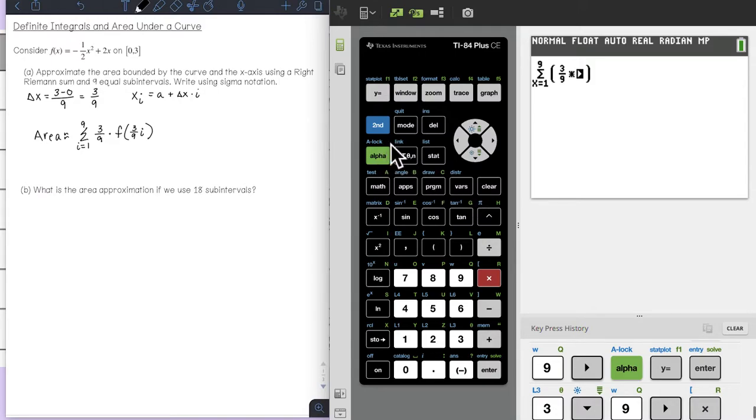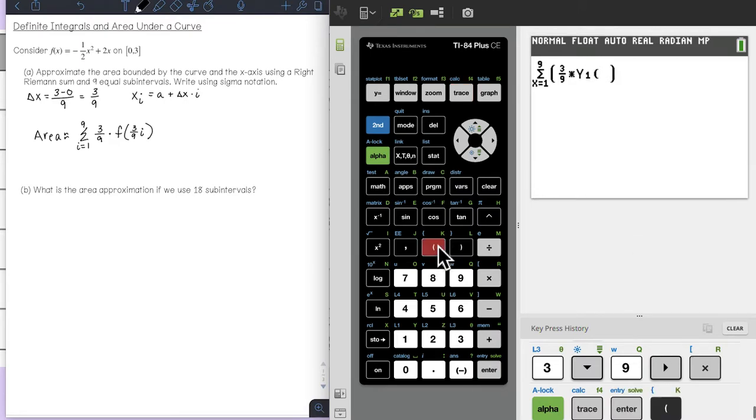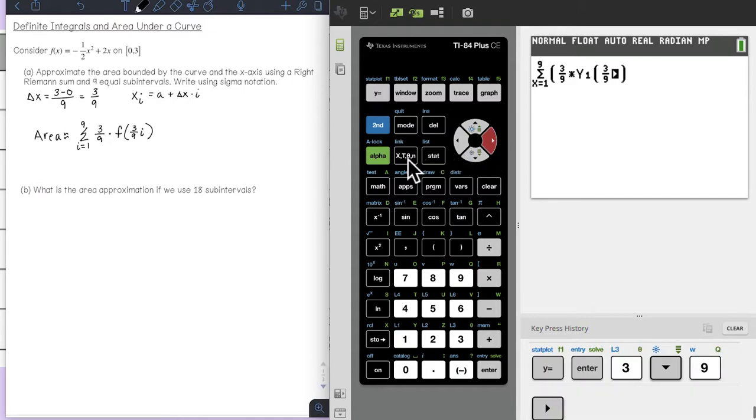Or if you just want to stay on the home screen, if you hit alpha trace, it pulls up all of your functions there. So I want to evaluate y1 because that's where I store my function in my calculator. And then I have 3 over 9 times my indexing variable x. Close those parentheses.